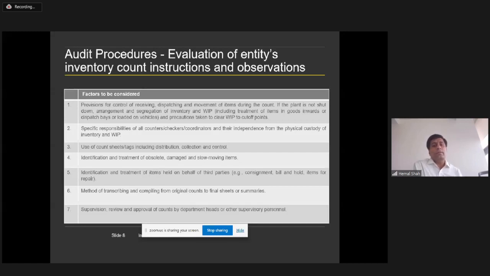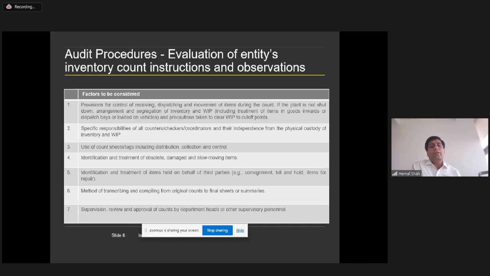What are the other factors to be considered for performing audit procedures? Provision for control of receiving, dispatching, and movement of items during the count. If the plant is shut down, well and good; if the material movement is completely stopped, then it is easier for the auditor to perform physical count. However, at times we have seen that it is a continuous process plant and it may not be practical for the company to stop the production.